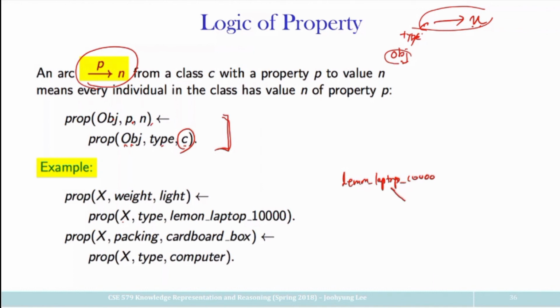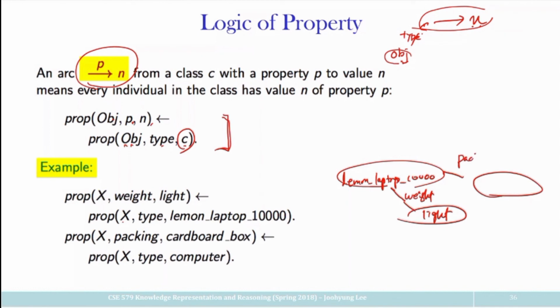So this has some property. So let's say this laptop has lightweight. So you can express it this way, right? Okay, in the RDF way, you can say this class has weight that is light. You can also say this laptop's packing is cardboard box.